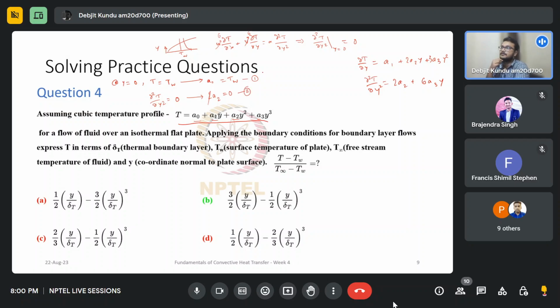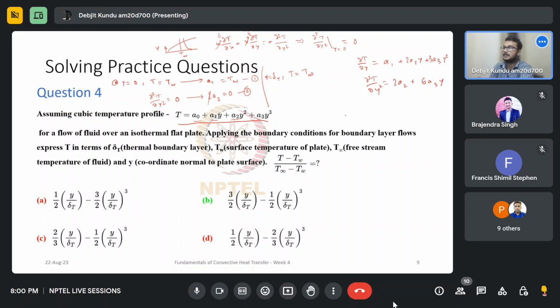Now comes the boundary condition at the edge of the boundary layer. So at y equal to delta t, I know that T equals T infinity, which is the free stream temperature.